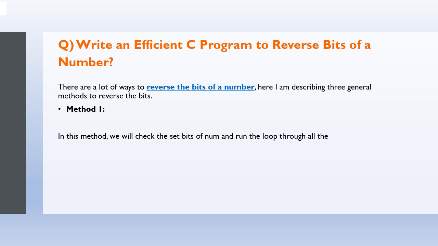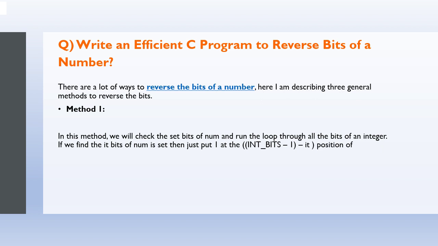I repeat, in this method we check the set bits of num and run the loop through all the bits of an integer. If we find the ith bit of num is set, then put it at the (INT_BITS - 1 - i) position of temp, where INT_BITS is the number of bits in an integer.